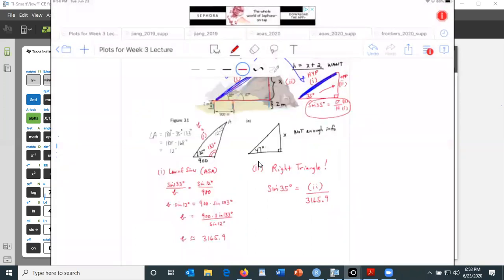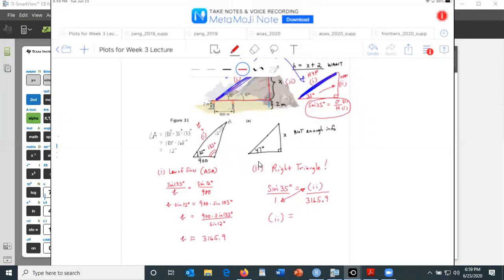All right, so remember what you do from yesterday? You put the left side over 1, we cross multiply. That's really just an unknown side. So our side, Roman numeral 2, times 1 is Roman numeral 2. And then we get 3165.9 times the sine of 35 degrees.